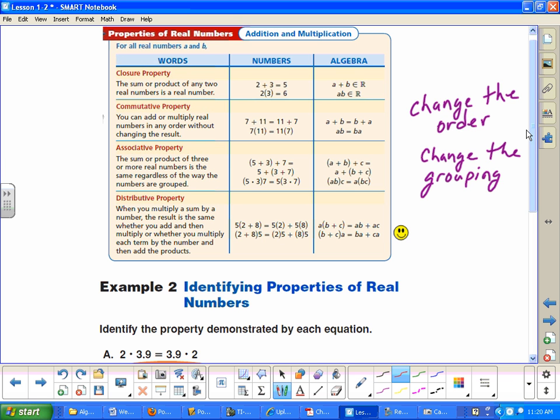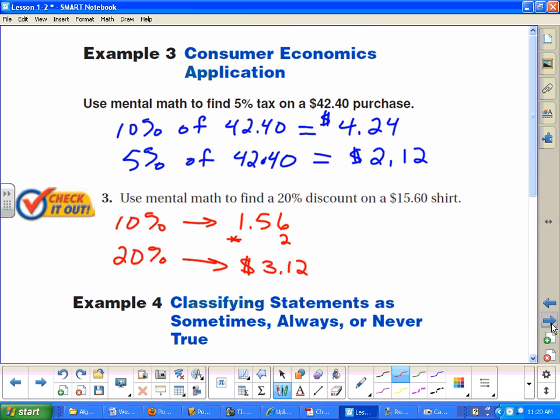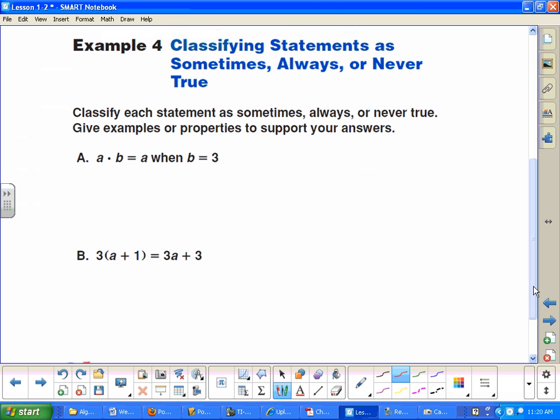Okay, it's always true then. If it meets one of these properties, it's always going to be true. If it doesn't meet them, then it might sometimes be true and other times not. What would be the best numbers to use to check if something is sometimes true?